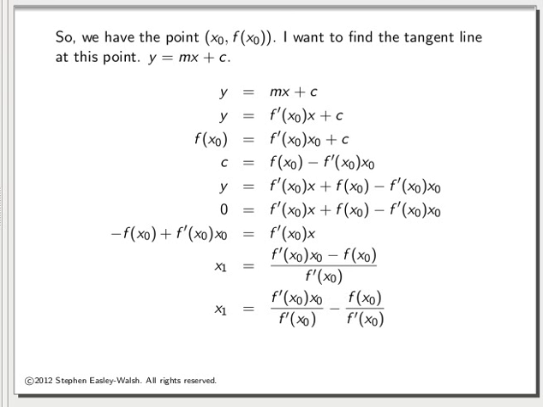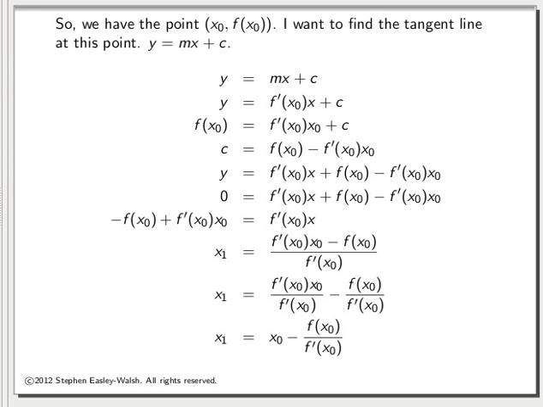Okay. So I've just split my fraction up into two. Now what happens with the first fraction? Yeah, I can cancel those two there. So let me take that out. And that is it. That is the nice simplified Newton-Raphson formula.